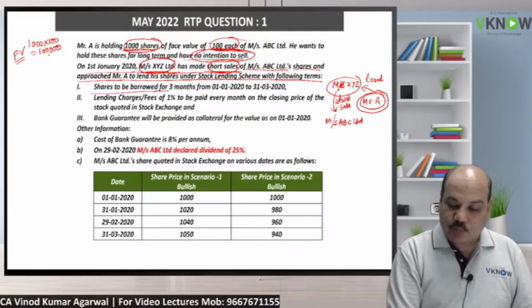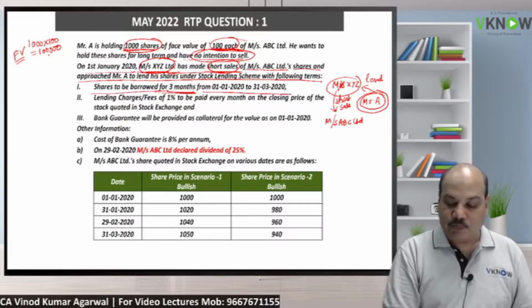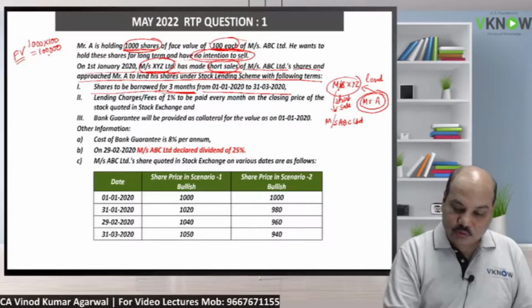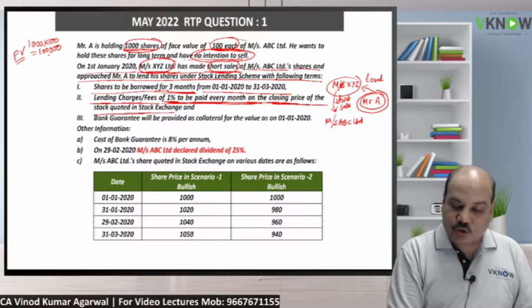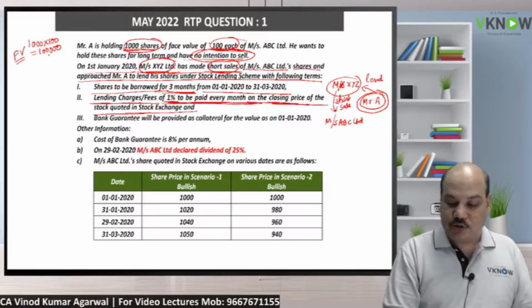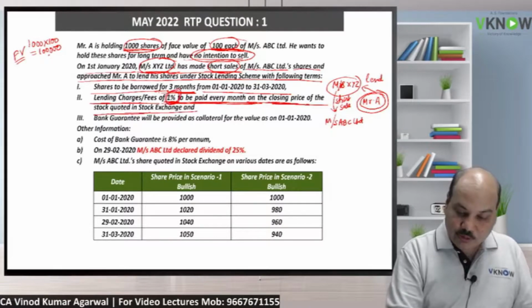Shares are to be borrowed for 3 months from 1st January 2020 to 31st March 2020. Lending charges or fees will be 1% to be paid every month on the underlying closing price of the stock quoted in the exchange. So lending charges is 1% based on closing price.